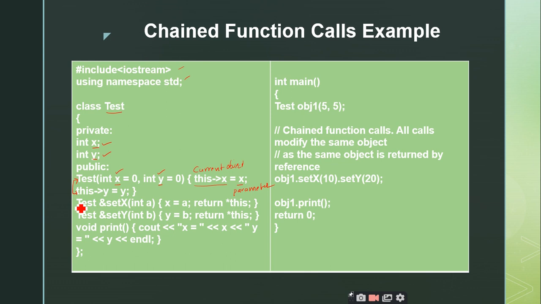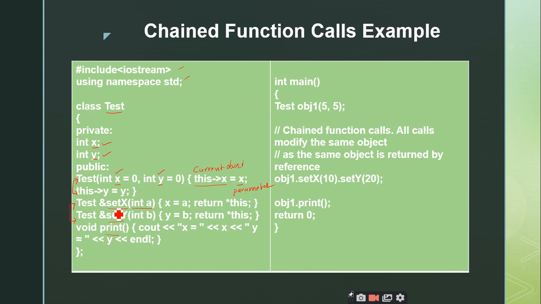And coming to these two functions, concentrate here. What is the name of the function? Set x, right? And it is accepting only one parameter. Set x and set y are the member functions.